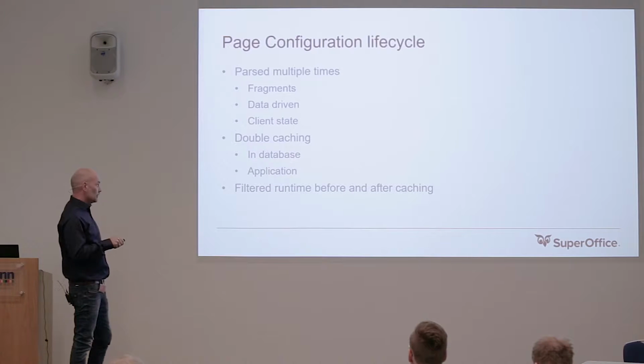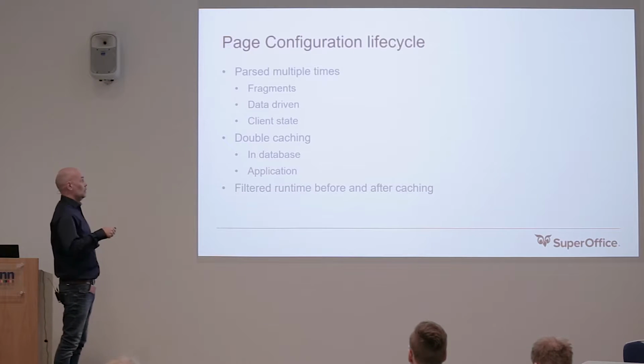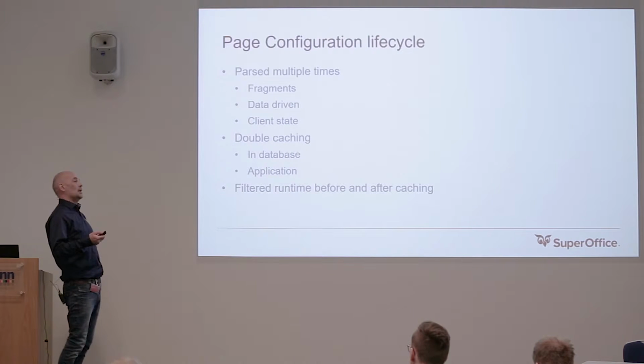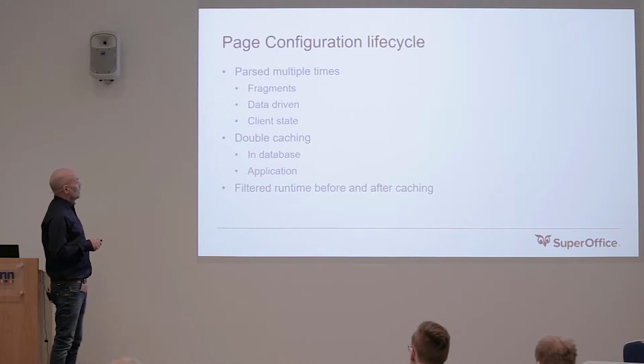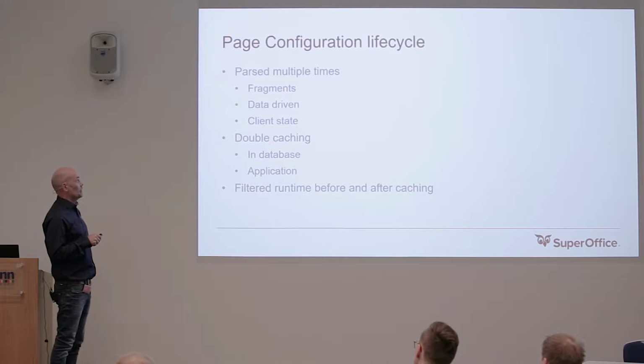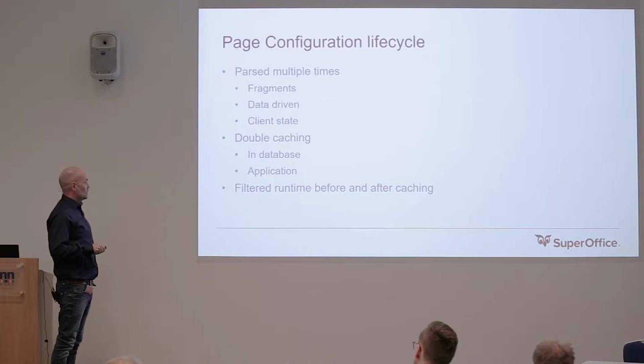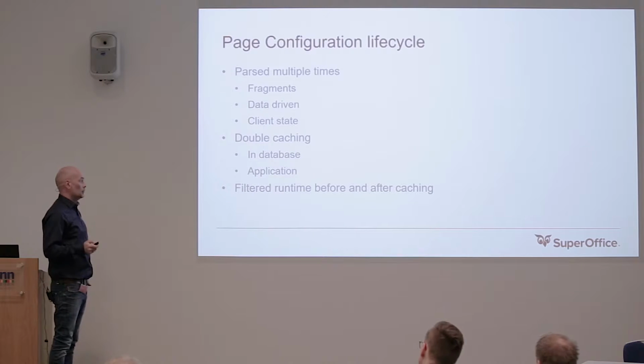It will be cached first, and then you ask, how on earth is this possible? Doesn't this make it very, very slow? And yes, it does. So what we do: when you start your application for the first time, all of this happens one time, and then it's stored in the database and in the application memory. So the full expansion of the configuration is stored in the database and in the application memory.